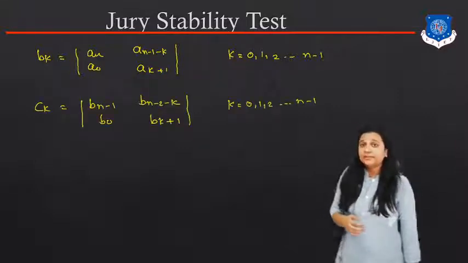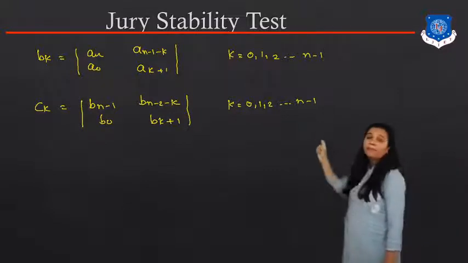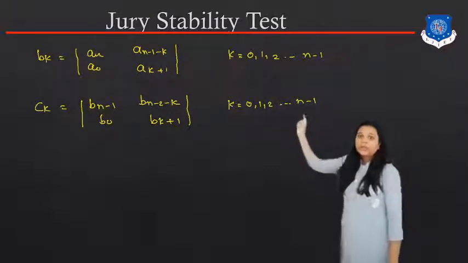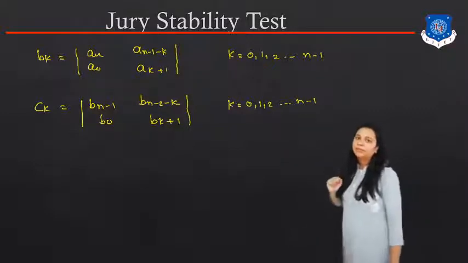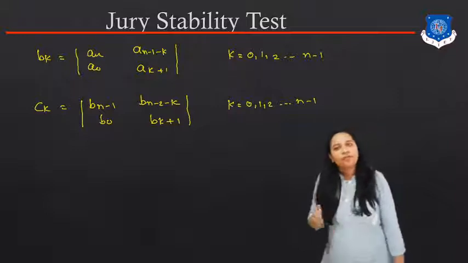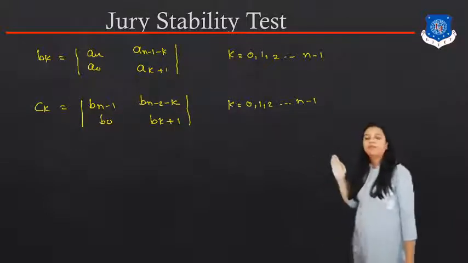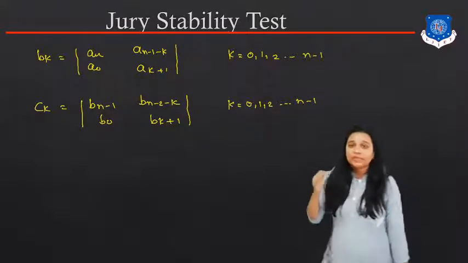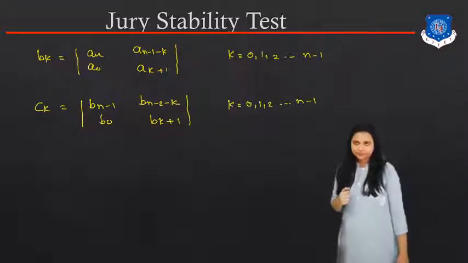Now the next is ck. How to find the ck? So the formula is in the matrix bn minus 1, bn minus 2 minus k, b0 and bk plus 1. Same like k is valid from 0 to n minus 2. So using this matrix, we have to find the values of C0, C1, C2 up to Cn minus 2.